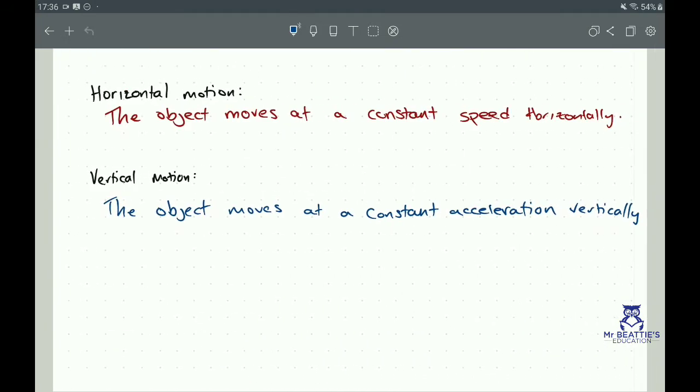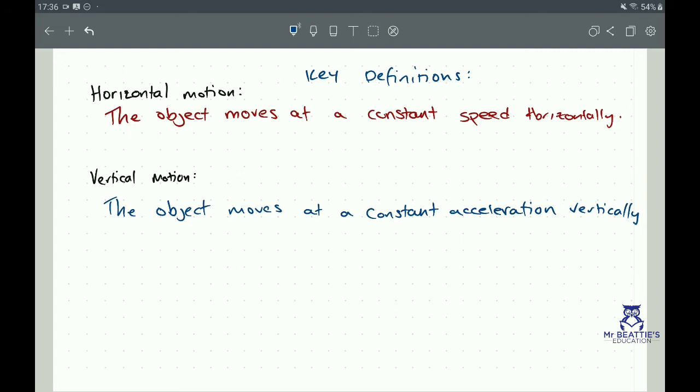So our key definitions of projectile motion are that for the horizontal motion, the object moves at a constant speed horizontally. So all objects that are fired horizontally move at a constant speed. And all objects that are dropped are going to accelerate towards the ground at the rate of gravity.